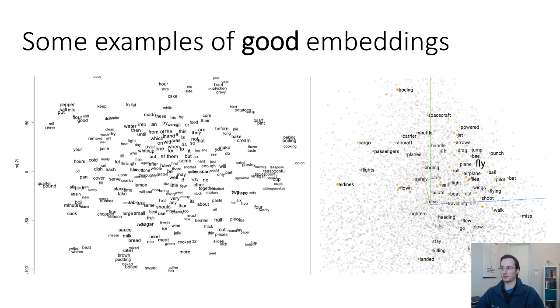And if you go down from there, you get landing, safety, flown, fighter, heading, take, and then you get really aggressive things like flew, blow, stay, killing, right? So maybe the stuff at the bottom deals more with military aviation. So as you move through the space, changes in the space correspond to semantic changes.